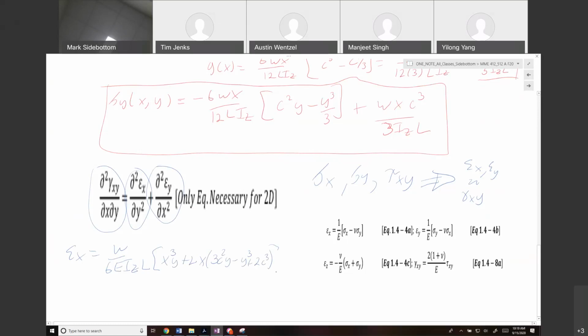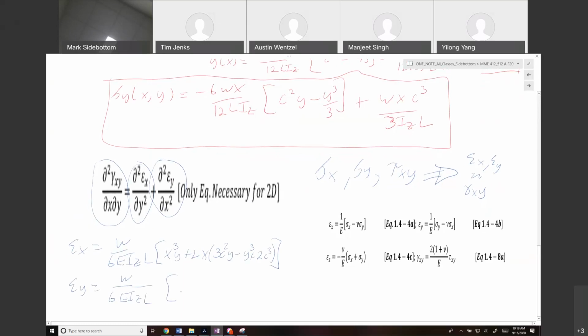In a similar way, we can do epsilon y, where we get the same coefficient up front times x times 3c squared y minus y cubed plus 2c cubed minus v x cubed y.